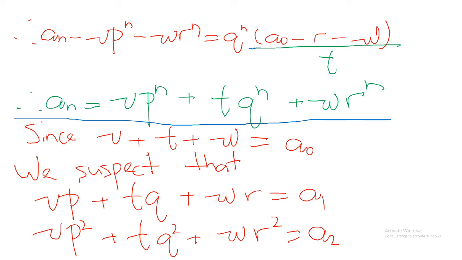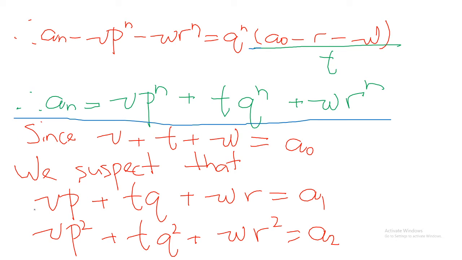Since v plus t plus w is a0, we may suspect that vp plus tq plus wr is a1, and vp squared plus tq squared plus wr squared is a2, because we can just apply a1 and a2, plug it into this formula and get the equation.